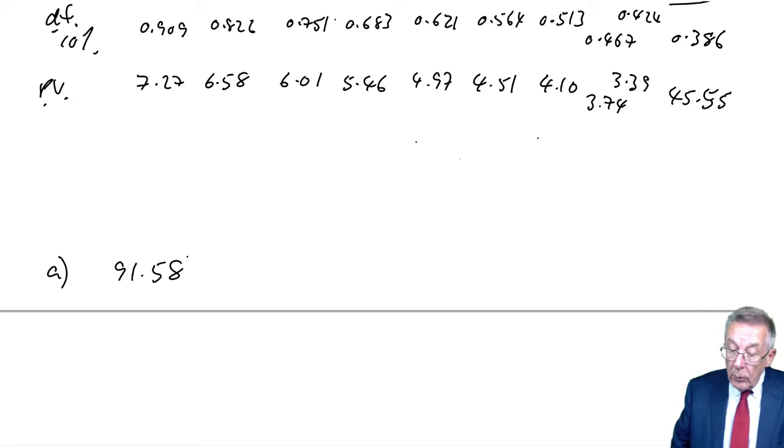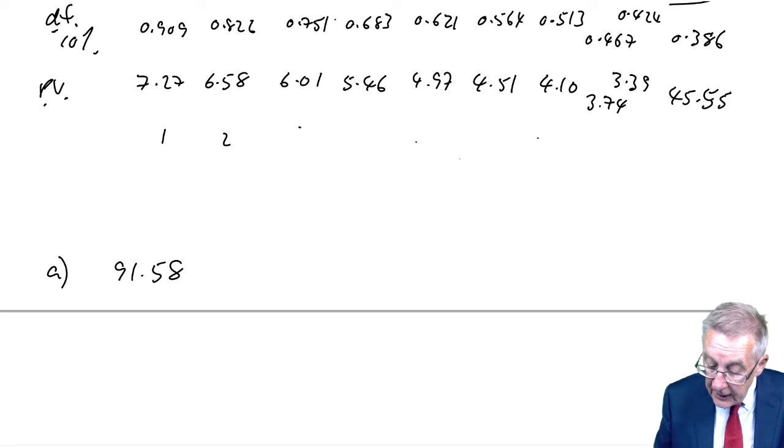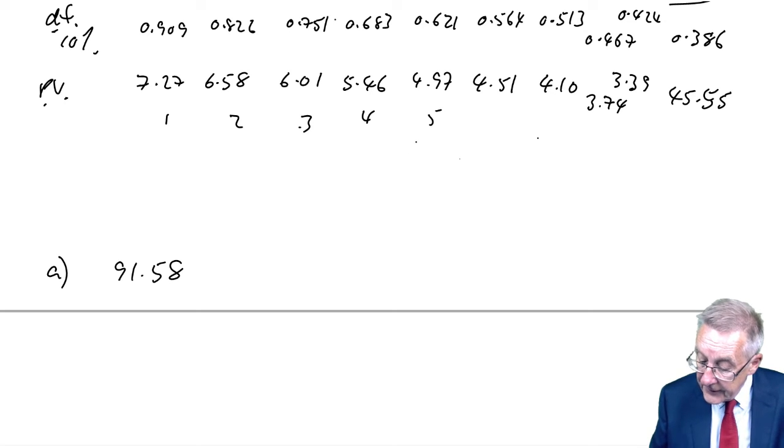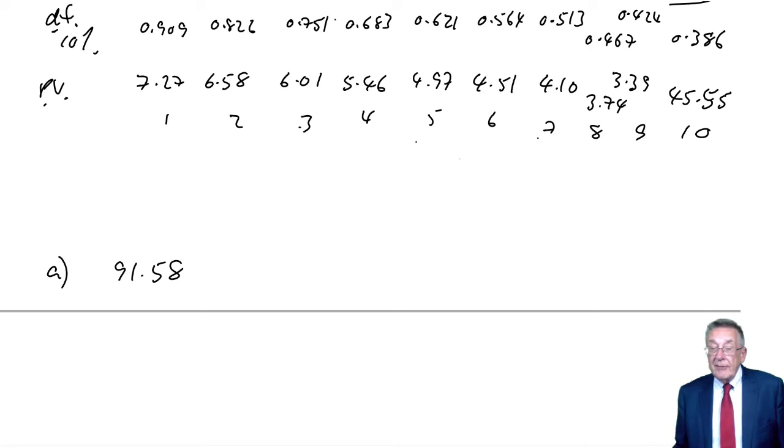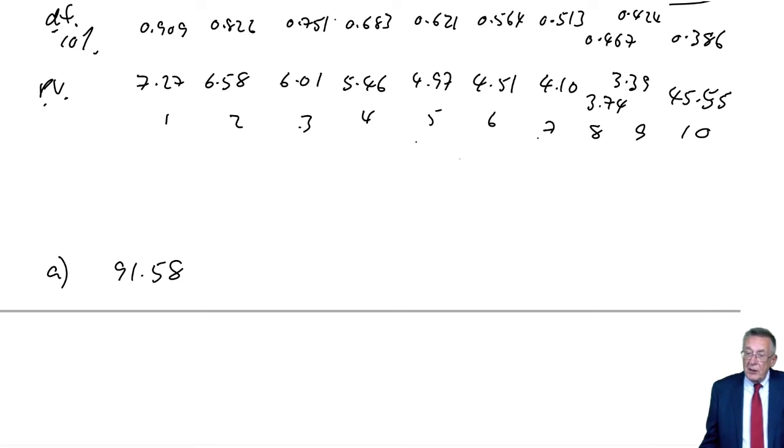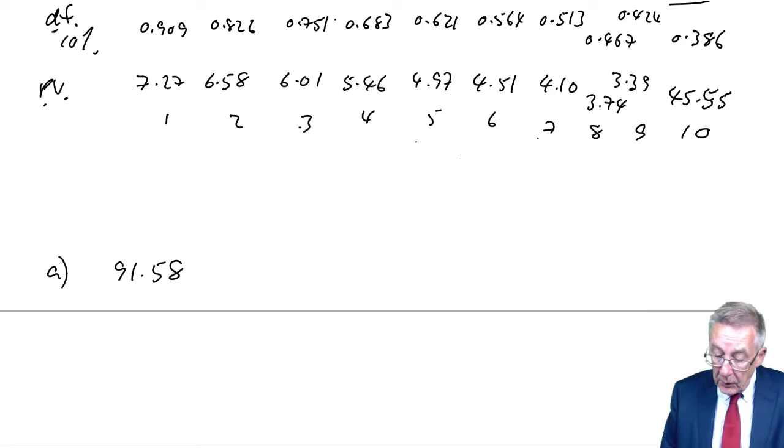However, for part B, we multiply each by the number of years. So that's 1 year, 2 years, 3, 4, 5, 6, 7, 8, 9, 10. And as I say, if I've made a tiny arithmetic mistake, I'm not worried. Look at the answer in the back anyway.